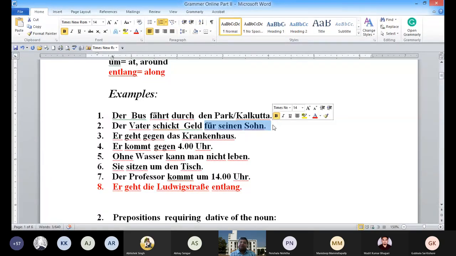Here you are learning purely prepositions, and the rule is that these prepositions will take accusative. So that's why you use it; you have to follow the rule. But don't get confused that it is an object. The object, of course, is here: Geld is the object. But here, für seinen Sohn is not an object. Is it clear? Yes, sir.